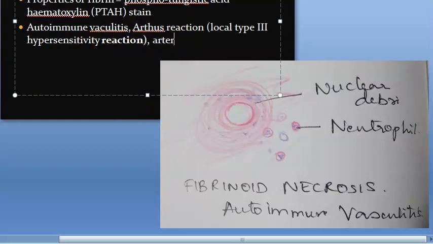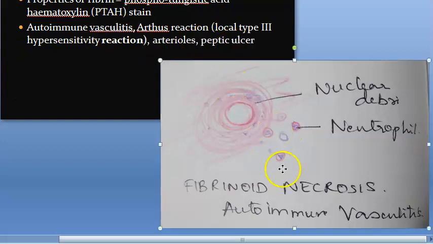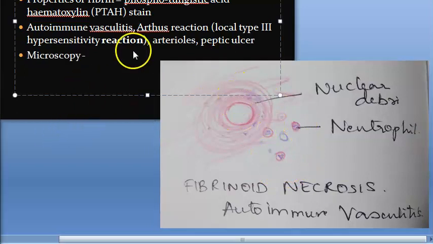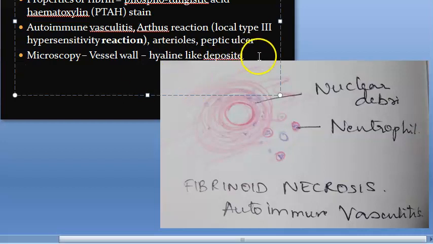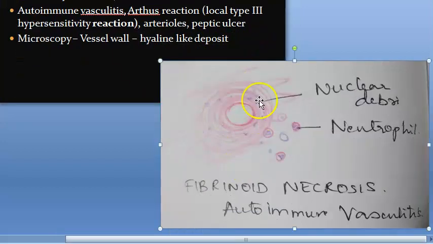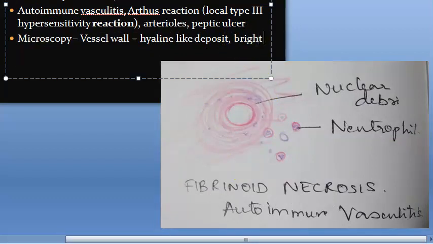It should not be difficult to remember arterioles, because you are studying vasculitis. Peptic ulcer, there is fibrinoid necrosis. So let's now go directly to microscopy. In the vessel wall there will be a hyaline-like deposit. Remember, it's not a hyaline deposit, it's hyaline-like deposit, and it is bright eosinophilic.